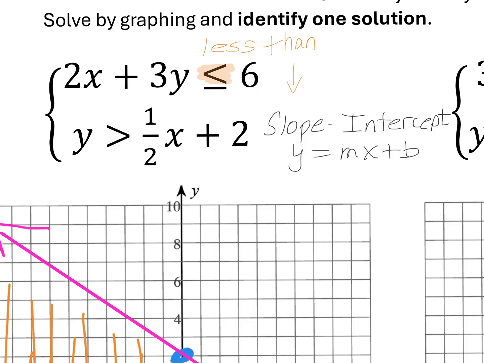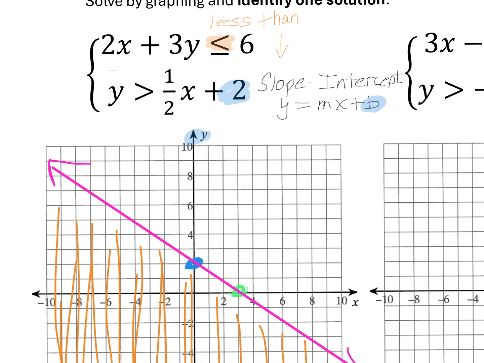And the b corresponds to the y-intercept. So to graph this line, that coordinate also goes right here at positive 2. So I'm just going to reinforce that the y-intercept is also right here at the 2.